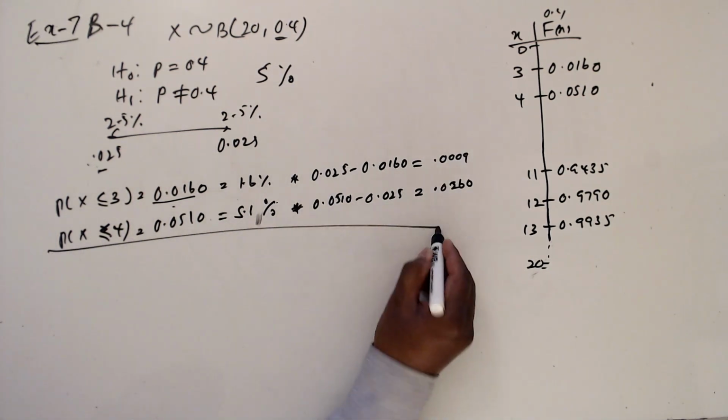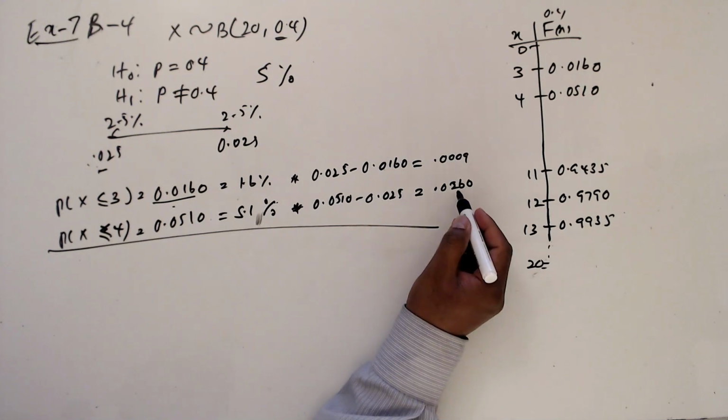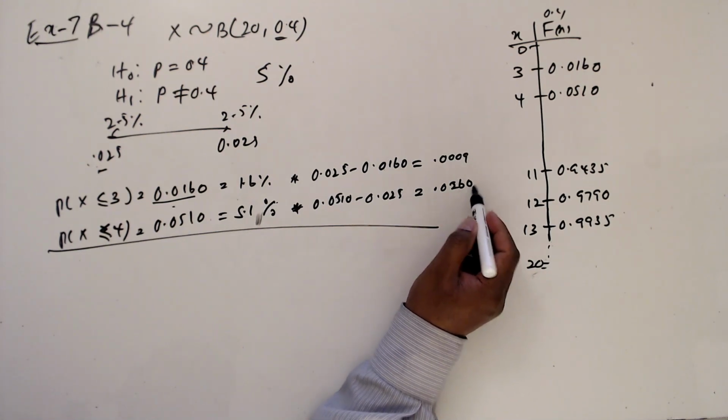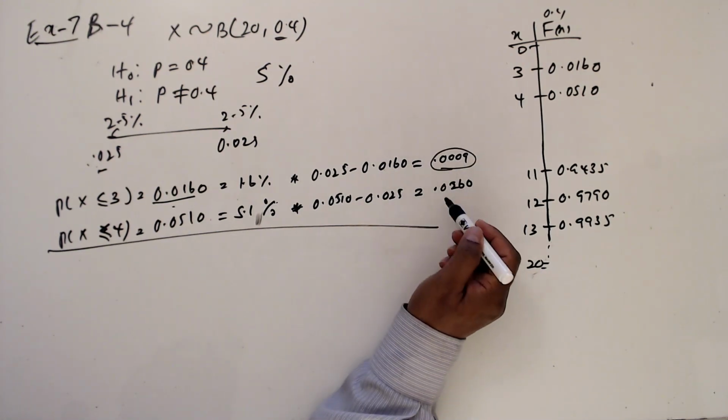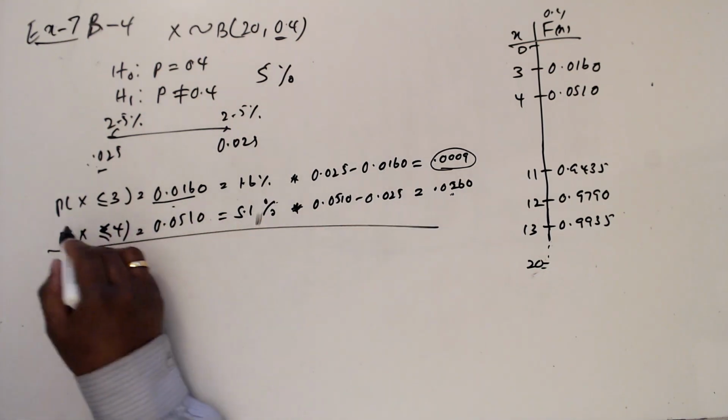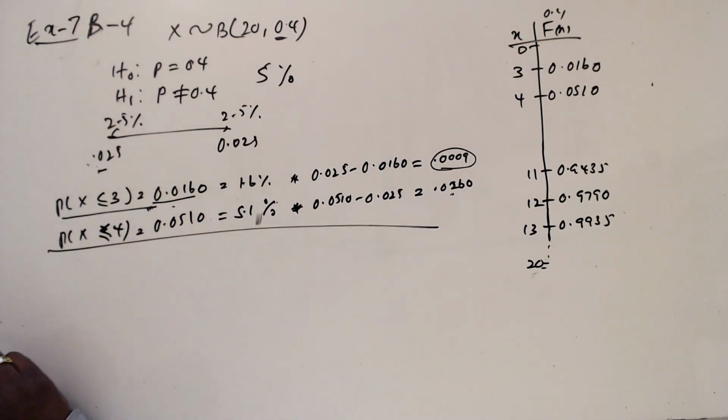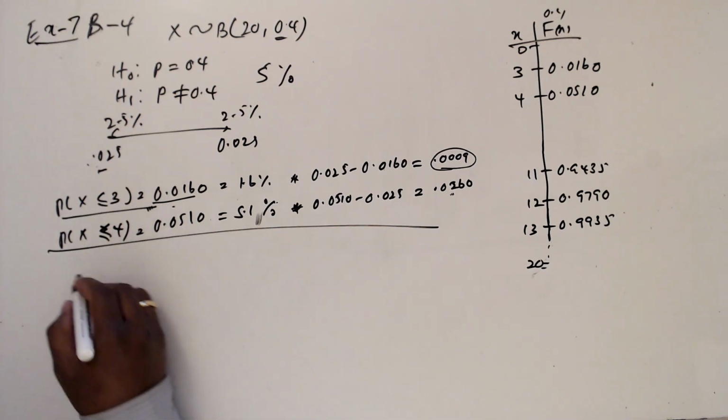So when we look, this value is smaller than this one, so the critical value is x equals 3.